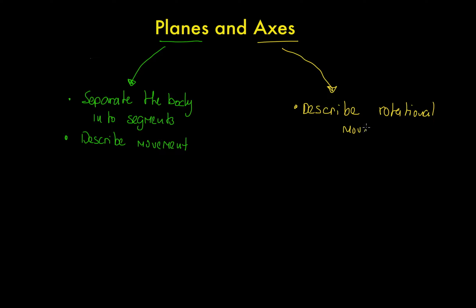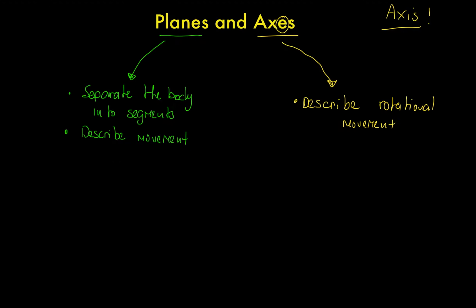So when we get to talk about axes, which for a large part of my life I didn't realise had the E there, I thought it was just an I, and that axis is the singular of axes, just so you are aware, because I didn't know that for a long time when I was younger. So anyway, axes allow us to describe rotational movement. So you'll hear me talking about spinning, turning a lot when we look at this stuff. All right, that's the fundamentals. Let's get on with this.